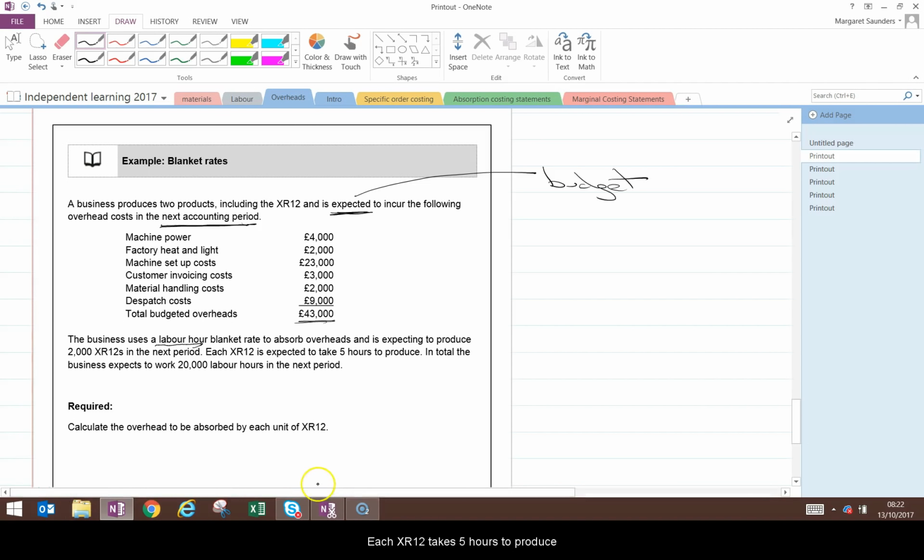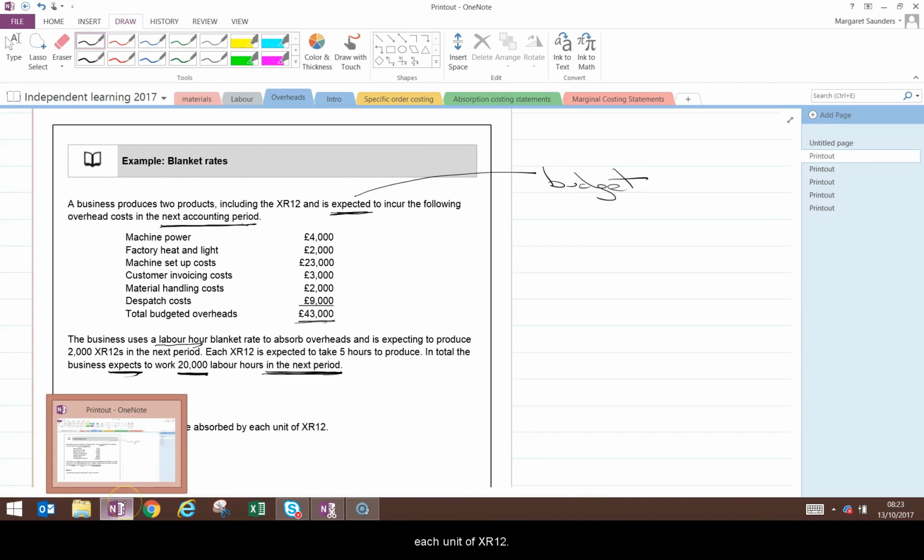Each XR12 takes 5 hours to produce, and in total the business expects to work 20,000 labour hours in the next period. So we need to calculate the overhead to be absorbed by each unit of XR12.